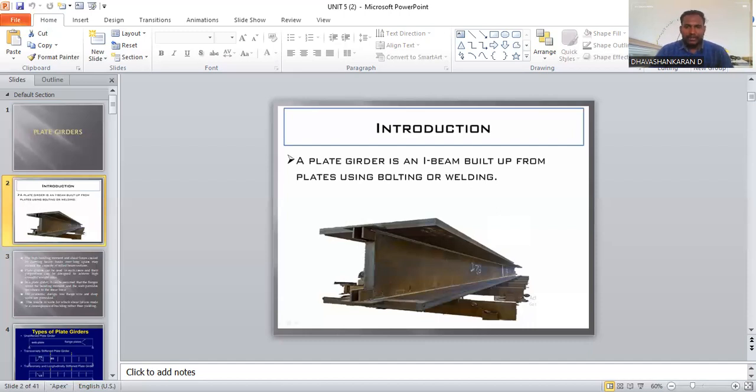For economic design, small flange sizes and deep webs are provided, based on the load acting on the structure. It is not applicable for all conditions, so it may differ with the conditions.